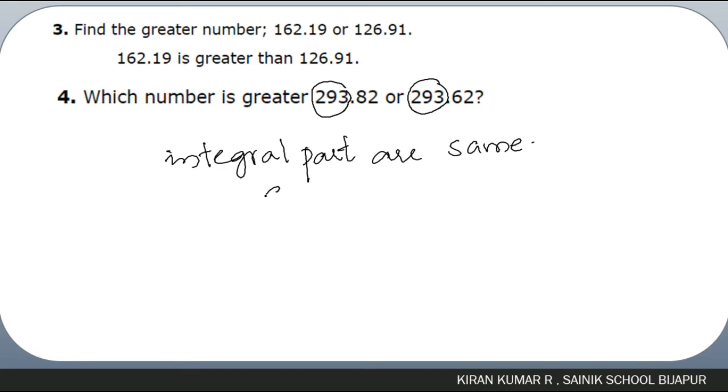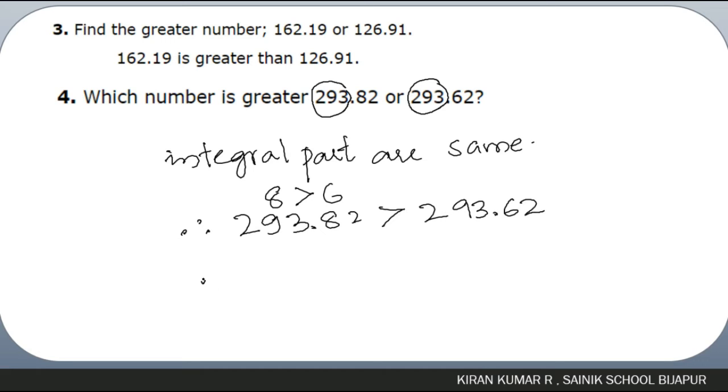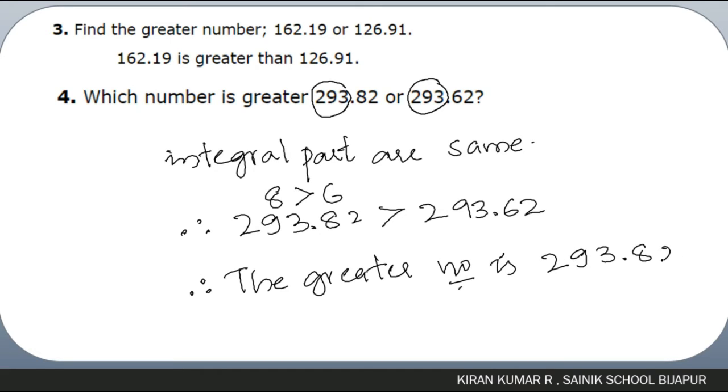Now we will look at the tenths place. 8 is greater than 6. Therefore 293.82 is larger than 293.62. Therefore the greater number is 293.82.